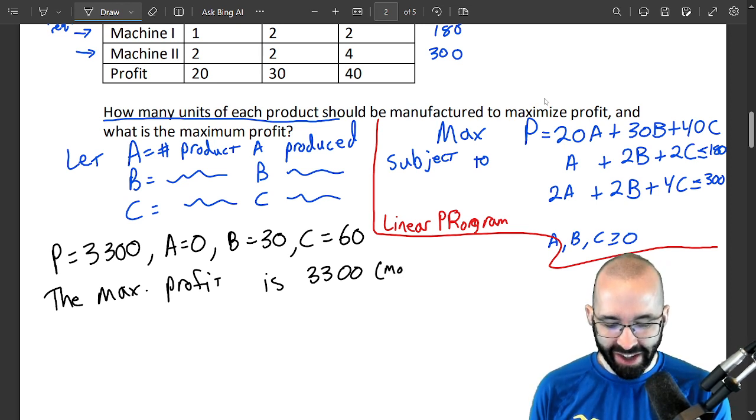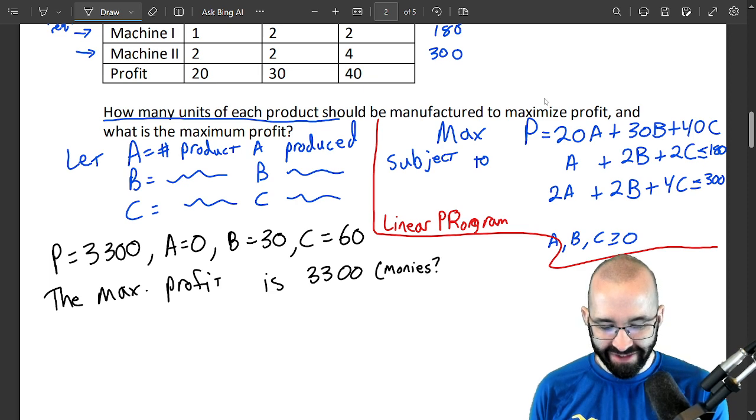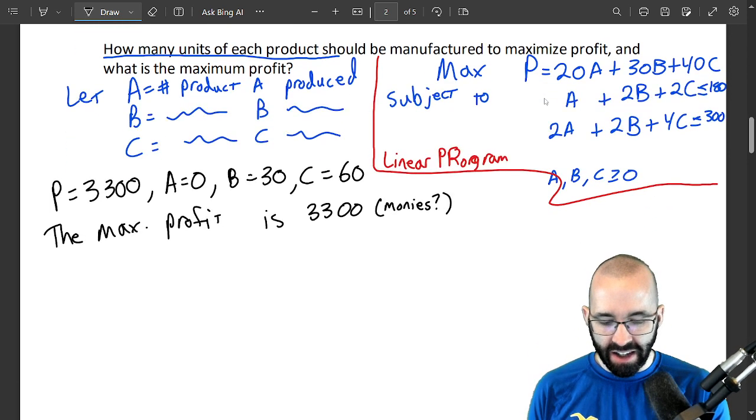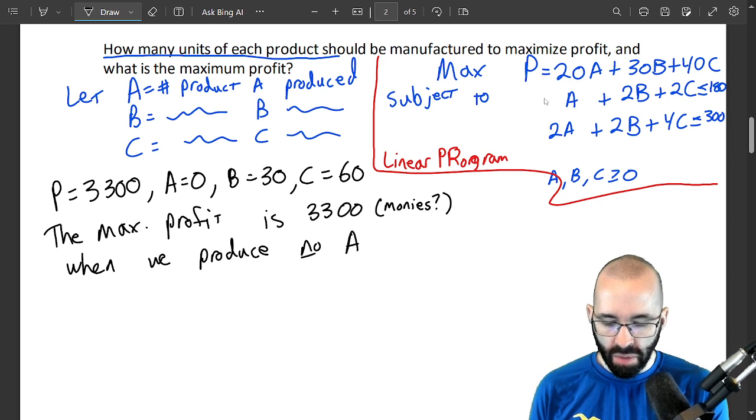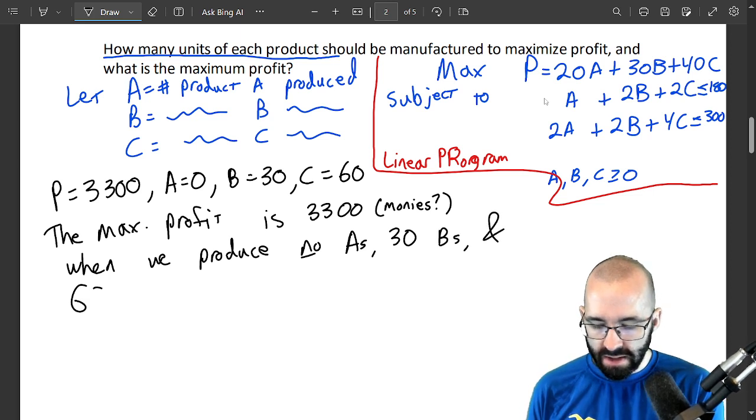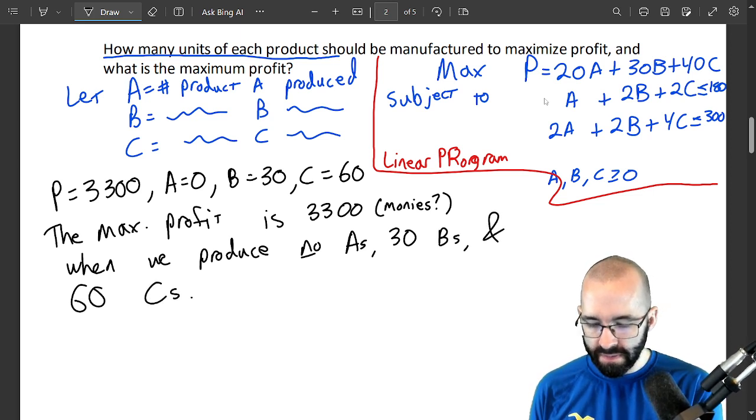You can write dollars if you want. When we produce no product A's, 30 product B's, and 60 product C's.